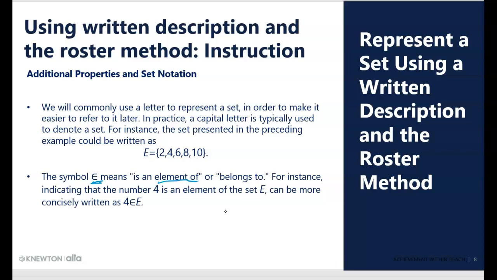Each person on the team would be a member of the set containing all the team's roster. In this case, the number 4 is an element of set E because it is in set E. Don't make that more difficult than it is. It just means it is in the set. So if I want to say 4 is in set E, I could write it very concisely like that.